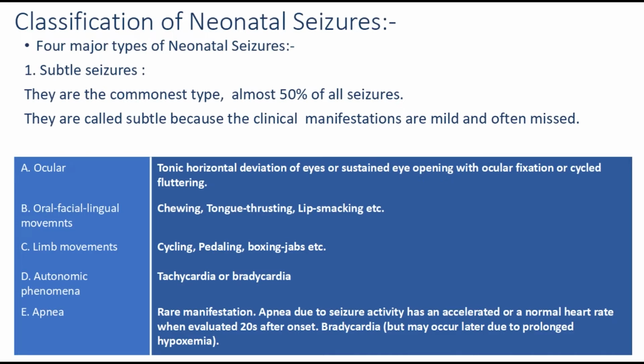Third is limb movements: cycling, pedaling, boxing jabs, etc. Fourth is autonomic phenomena such as tachycardia or bradycardia. Fifth is apnea, cessation of respiration, a rare manifestation, but apnea due to seizure activity has an accelerated or a normal heart rate when evaluated 20 seconds after the onset, and bradycardia may occur later due to prolonged hypoxemia.